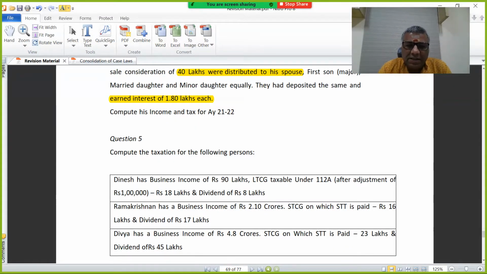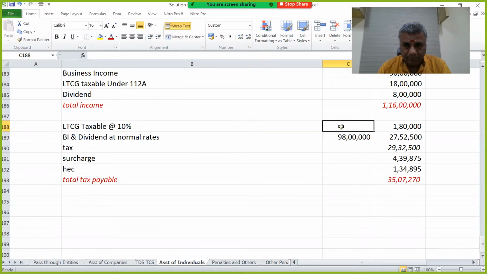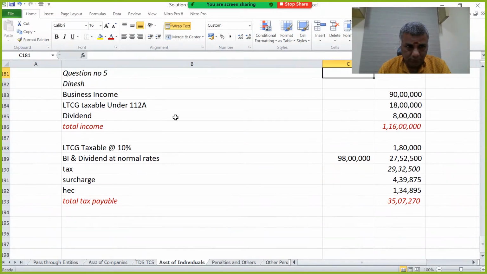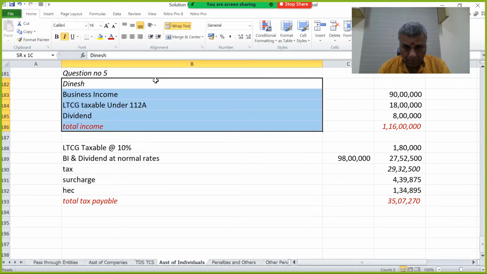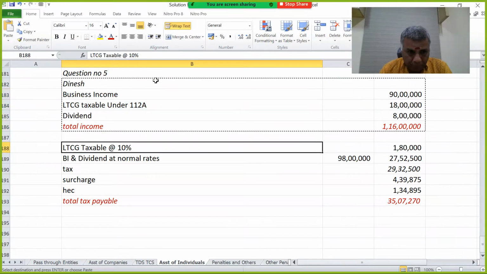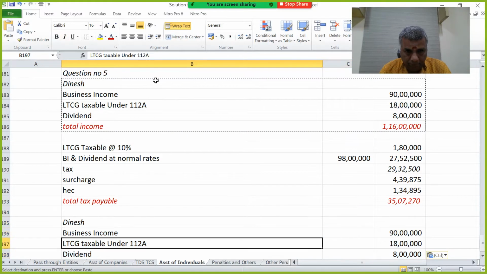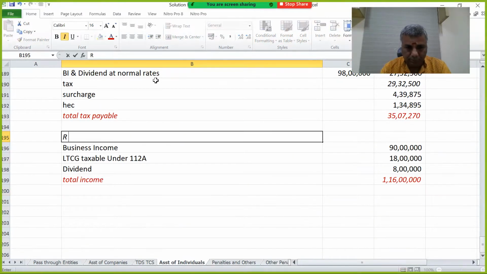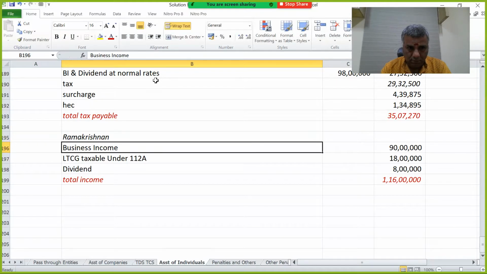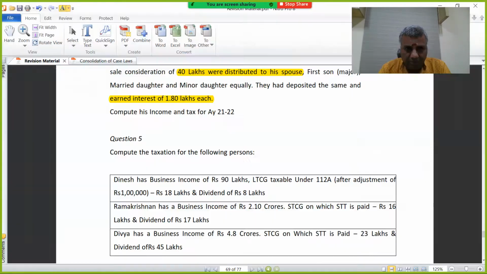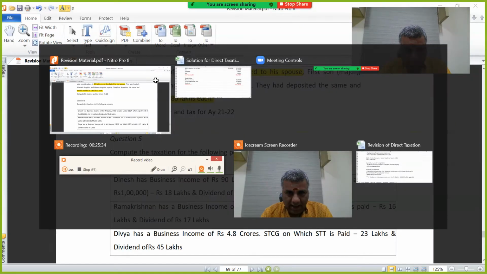Ramakrishnan has a business income of 2.10 crores, STCG on which STT paid 16 lakhs and dividend 17 lakhs. This is for the computation of surcharge. Business income is 2 crore 10 lakhs.